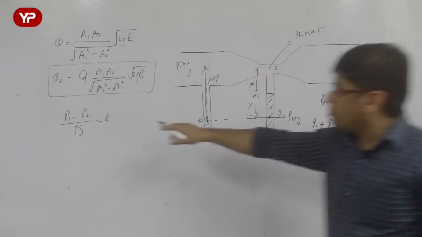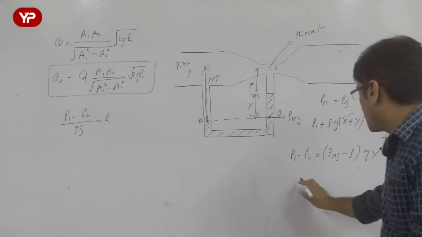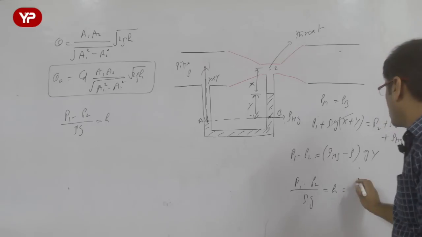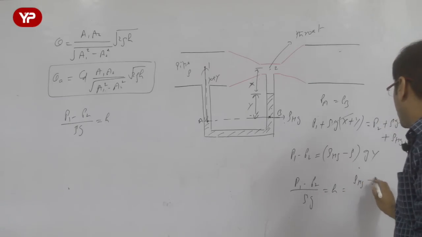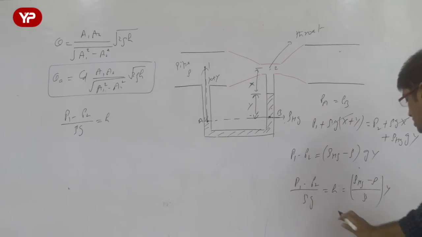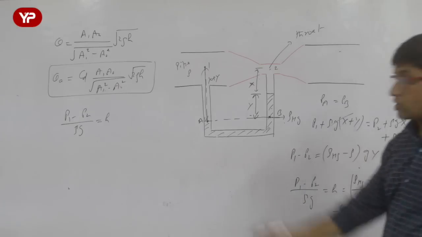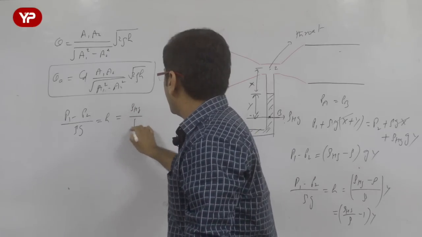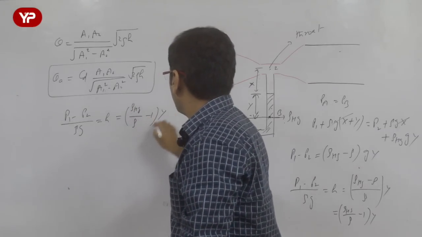But we want to find out (P1 minus P2) by rho g, and how is that obtained? (P1 minus P2) by rho g, which is small h, is equal to (rho mercury minus rho) over rho into y. g will get cancelled out. This comes out to be (rho mercury by rho minus 1) into y. That means this value of h is nothing but (rho mercury by rho minus 1) into y.